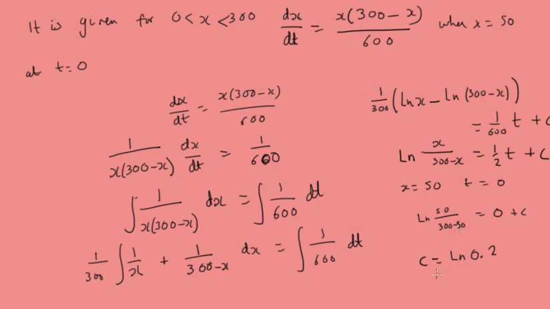And I am running out of space. I'm going to carry on a new sheet. So we have, I'll write what we have. We have the log of x over 300 minus x equals a half of t plus log 0.2. Now we want to find this as a function for x.